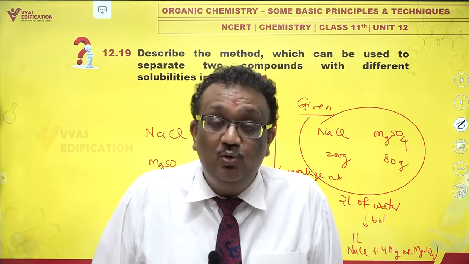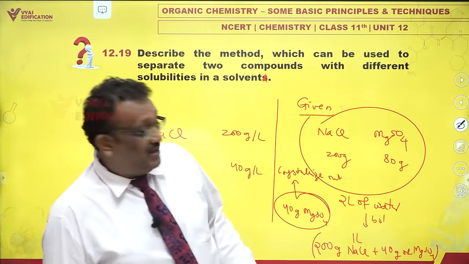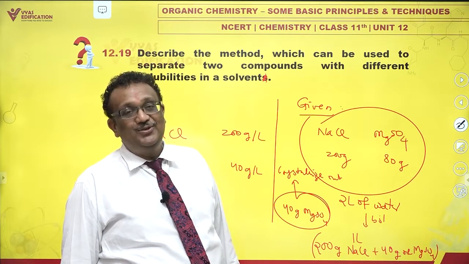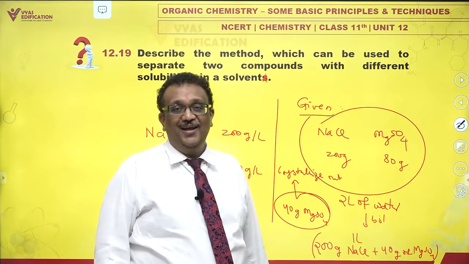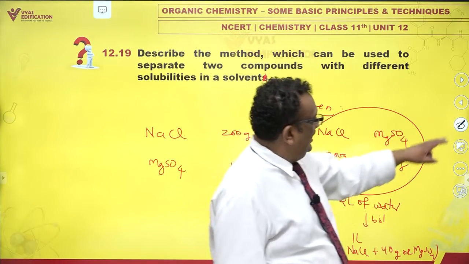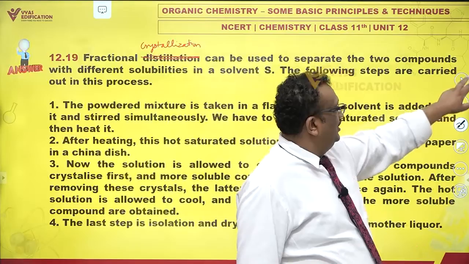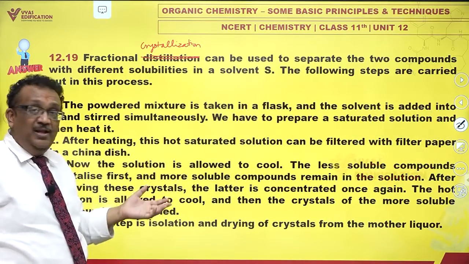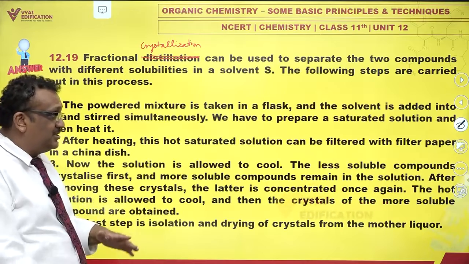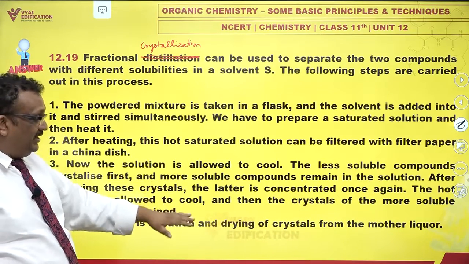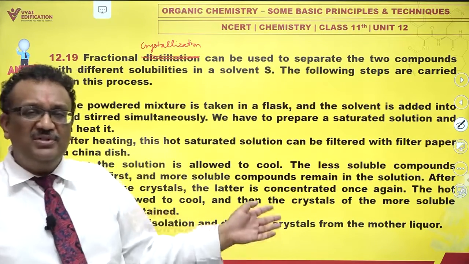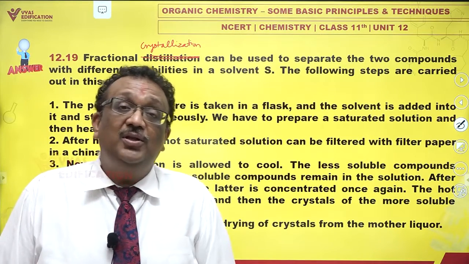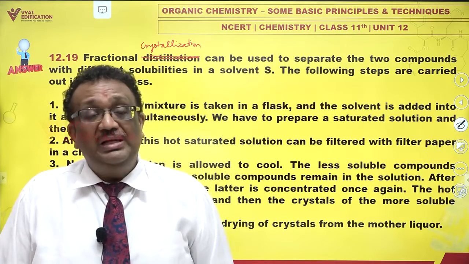So this technique is useful only when there is a significant difference in the solubilities. Please note, that would be a very key and important factor. But nonetheless, as far as the method goes, it works very well. First, you boil, then the less soluble salt crystallizes out, you separate it, and then the classical method says you further boil it so that the more soluble salt also crystallizes out.